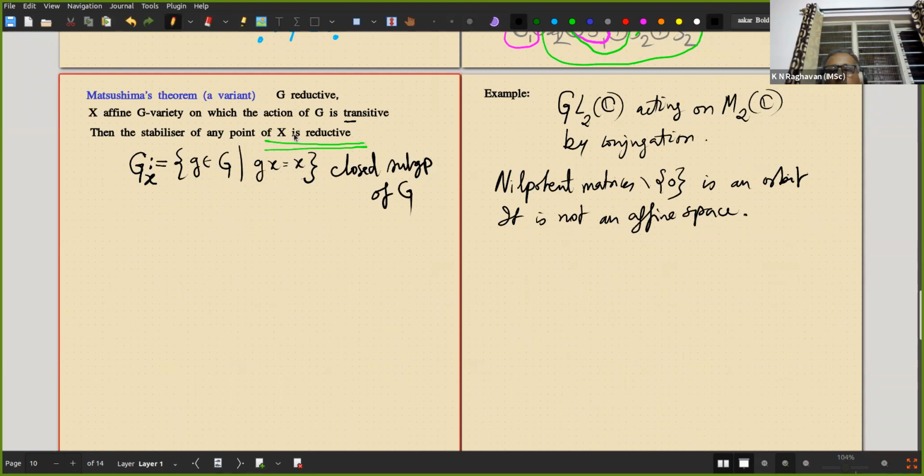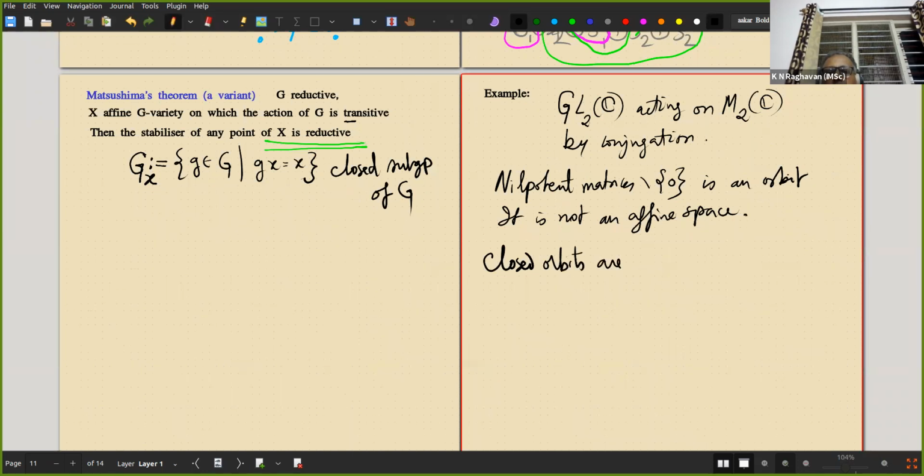Let us look at some example. Here is an example: GL_2(C) acting on M_2(C) by conjugation. Now let's look at the orbits. What are the orbits here? We've seen this before, but maybe we'll do it more explicitly here. The closed orbits are those containing diagonal matrices.